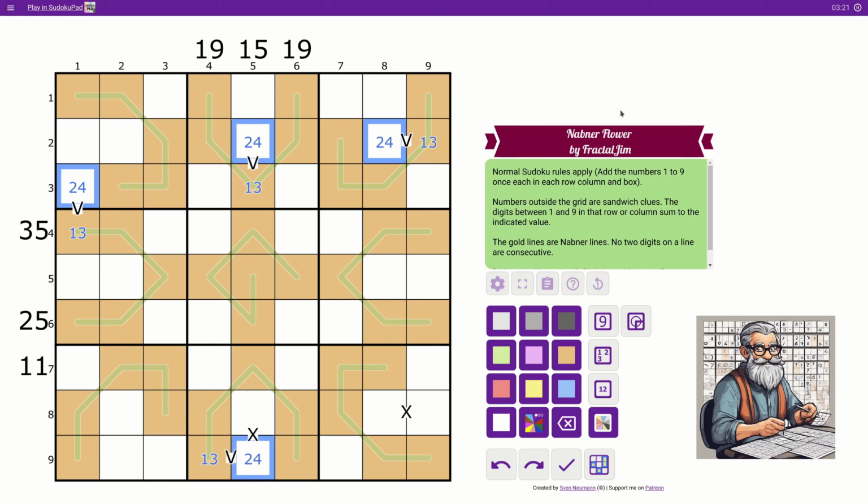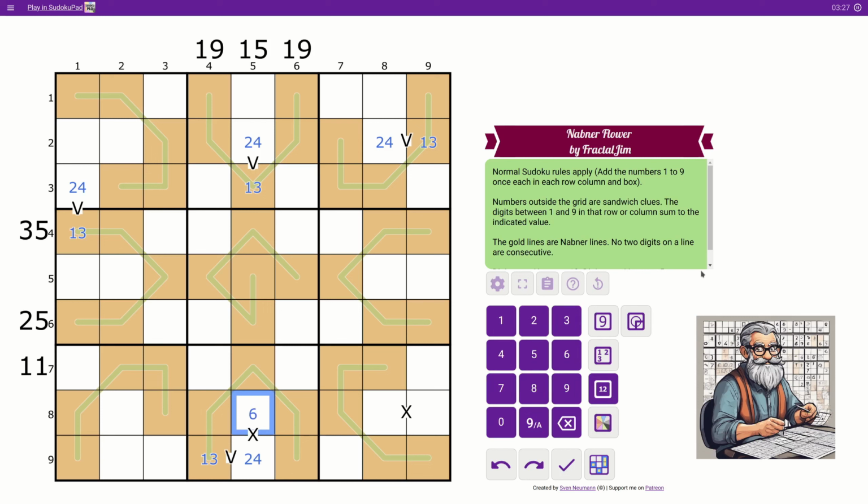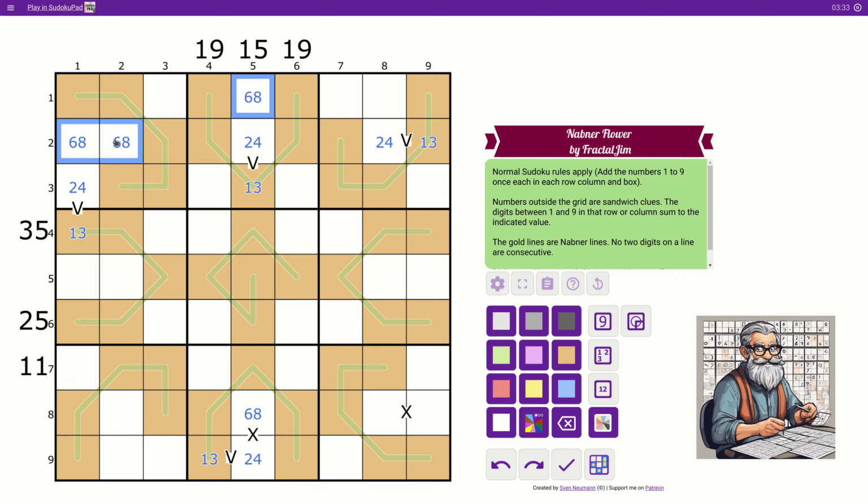Okay, that's fair, which means that this one is a 6 or an 8. Okay, well, this one as well, and those two are from 6 and 8, because we do have a pair of 2, 4, so the only 2 other even numbers are 6 and 8, which means that this one is as well from 2, 4.